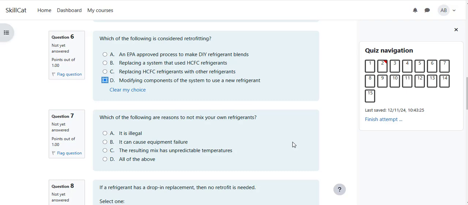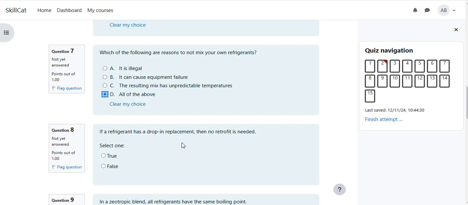Which of the following are reasons not to mix your own refrigerant? It's illegal, can cause equipment failure, the resulting mix has an unpredictable temperature, all of the above.